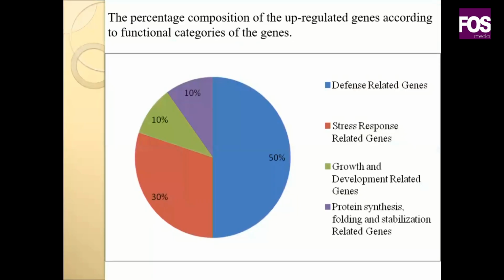When you come to this chart, you can see 50% of the identified genes were defense genes. That means they can fight or suppress the growth and development of pathogens. Then 30% were stress response related genes, 10% growth and development related genes, and 10% protein synthesis, folding, and stabilization related. These are the functions of the selected genes.